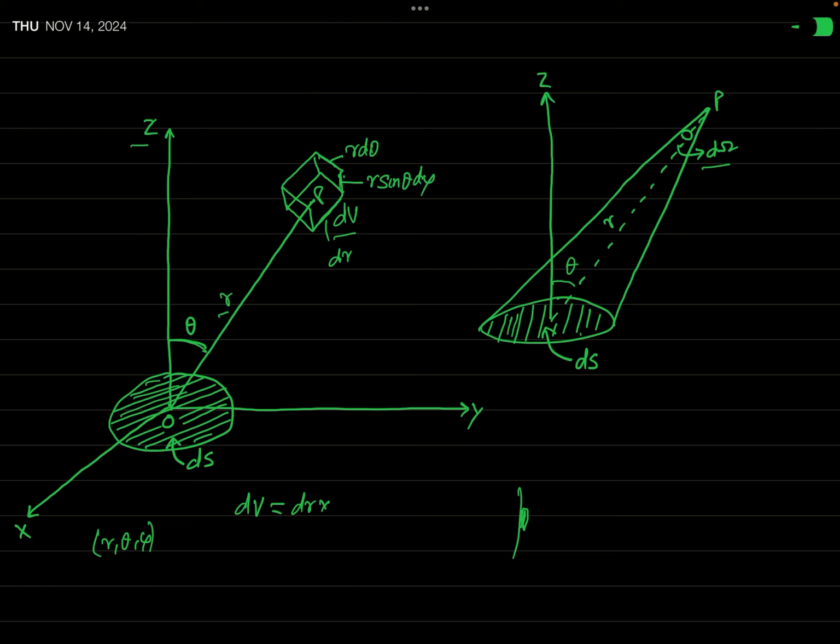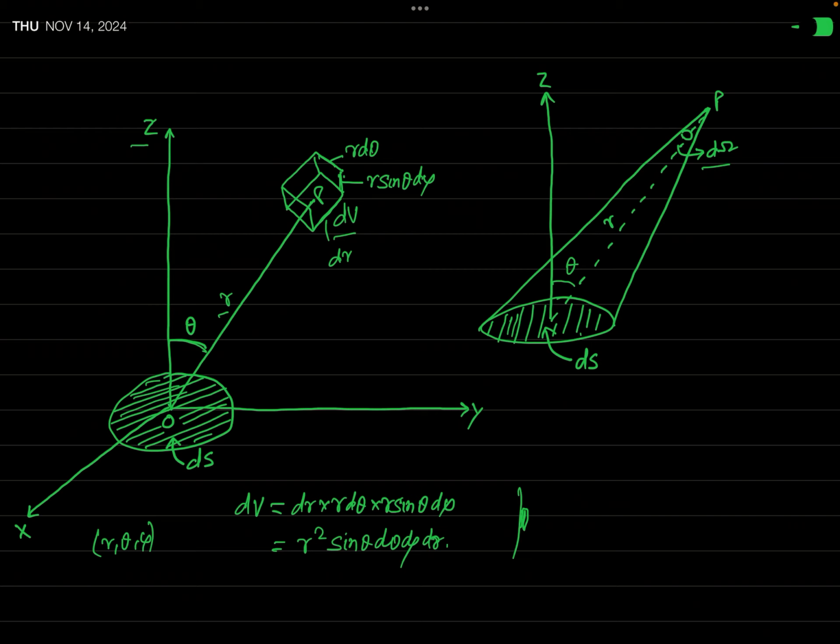So dV is dr into r d theta into r sine theta d phi, and you can say that this is simply r square sine theta d phi times dr. This is the volume element dV.